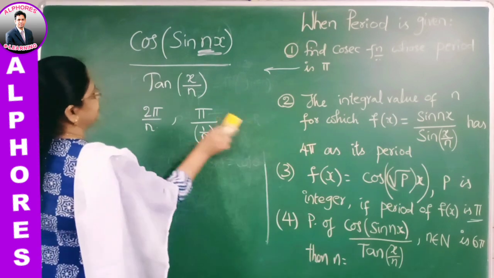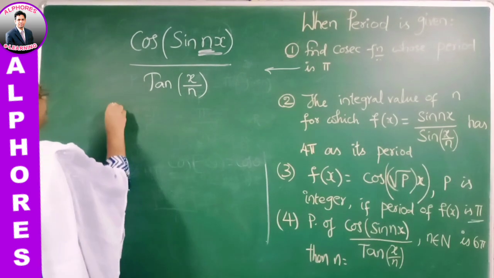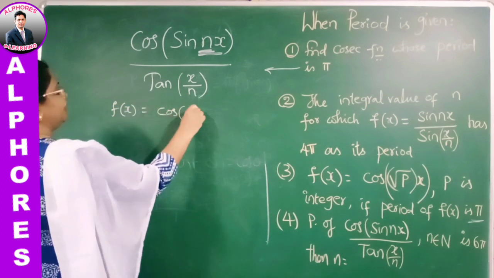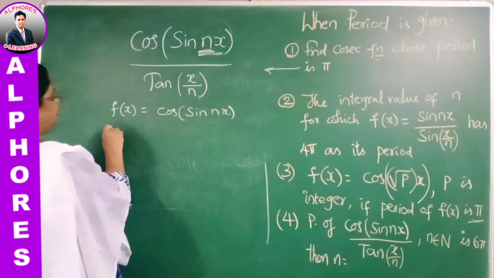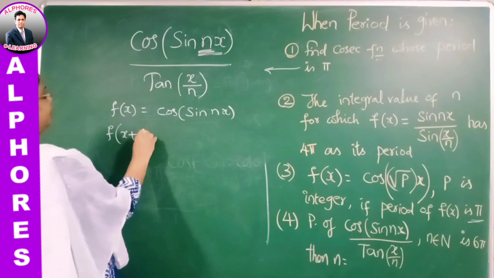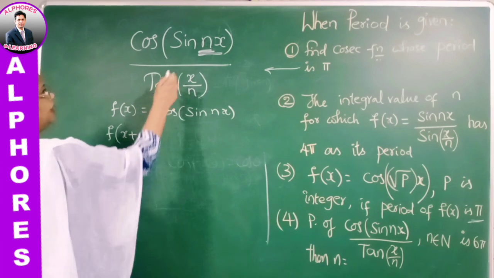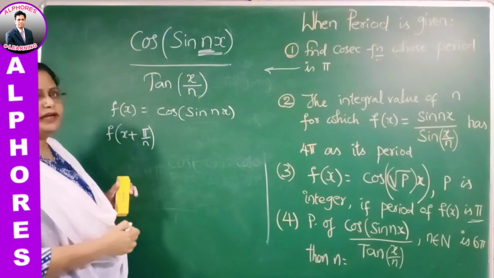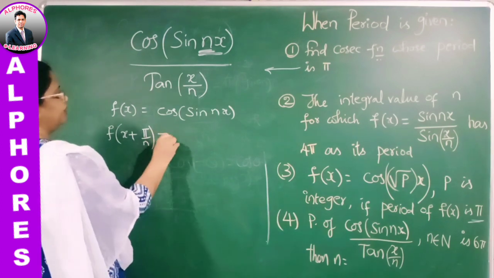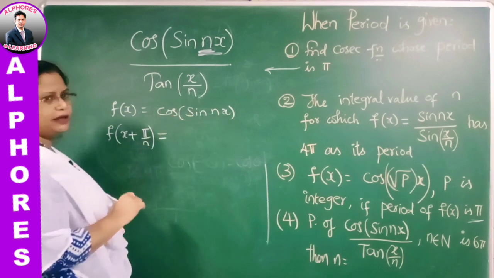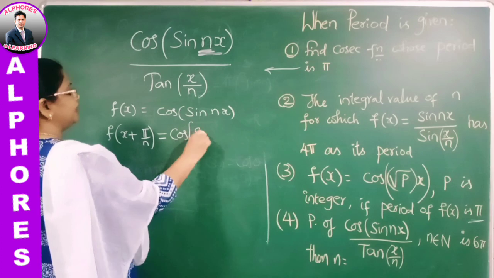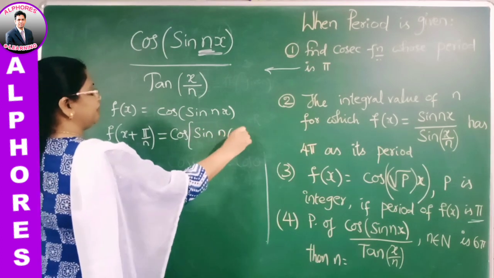The reason is, suppose I am taking only the numerator, f of x is cos of sine nx, and if I take f of x plus pi divided by n. Earlier we took 2 pi by n as period. Now I am checking whether pi by n is satisfying or not, because the x coefficient is n, therefore I wrote n in the denominator. So cos of sine n into x plus pi by n.